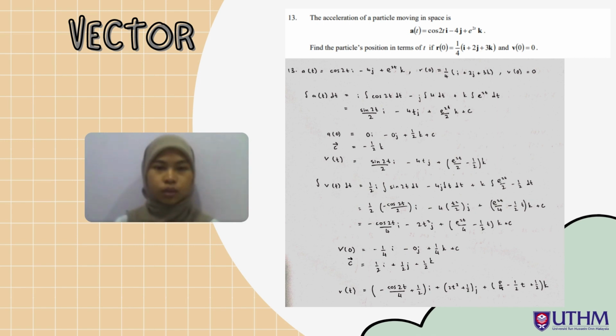When we combine the C equation here and also V(t) here, we can get negative cos 2t over 4 plus 1 over 2, because here the same, it is i. We can combine it and get plus 2t to the power of 2 plus 1 over 2 j, here j with j, and then lastly e to the power of 2t over 4 minus 1 over 2 t plus 1 over 2 k.